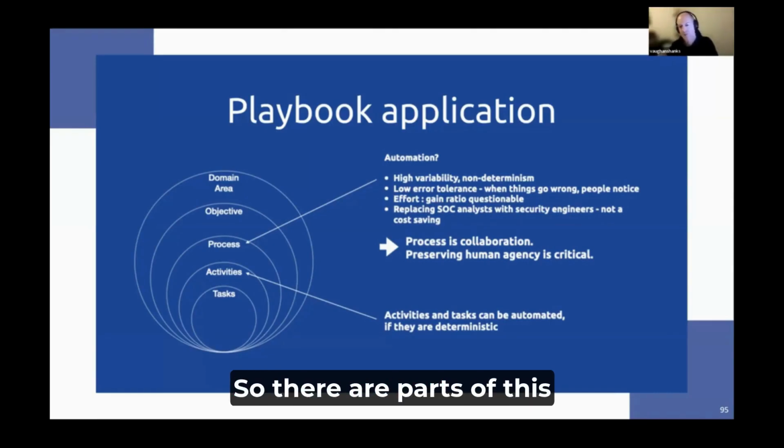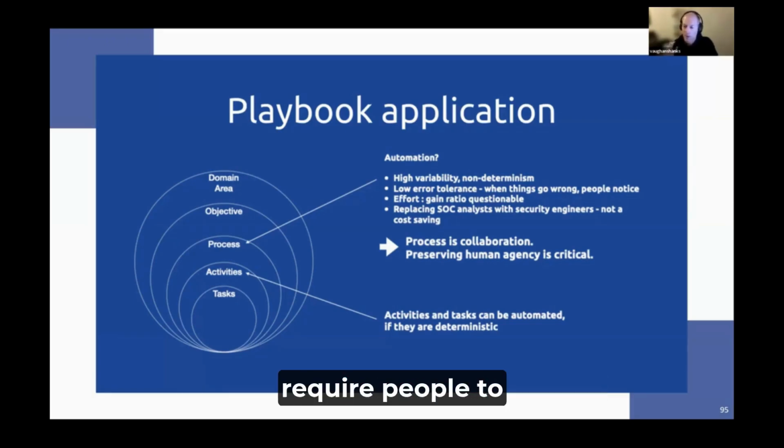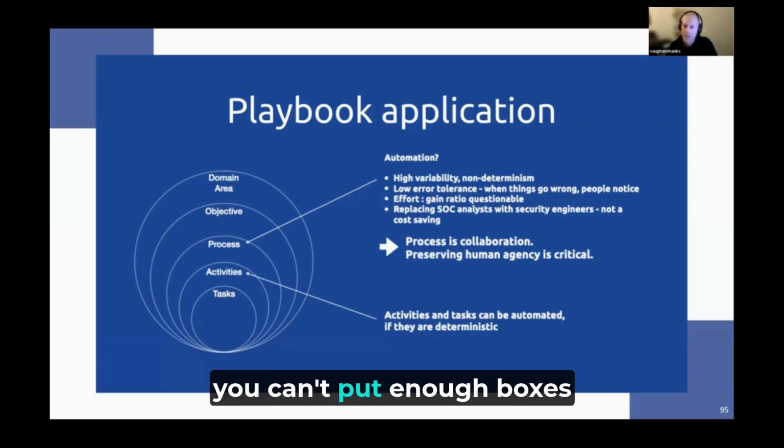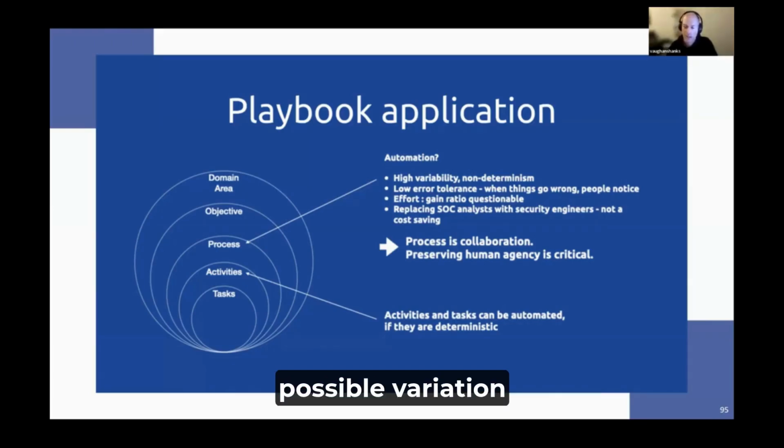So there are parts of this process that do require human collaboration, that require judgment, and that require people to apply intuition. You can't put enough boxes, decisions and actions on a huge SOAR playbook to handle every possible thing that can happen. So preserving that collaboration, preserving human agency is critical.